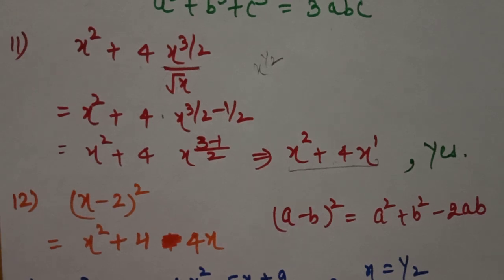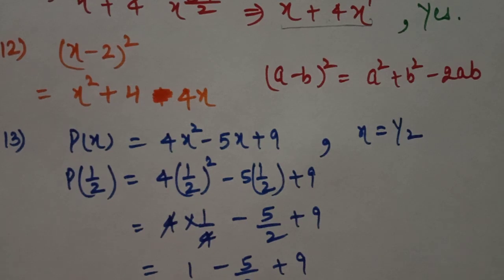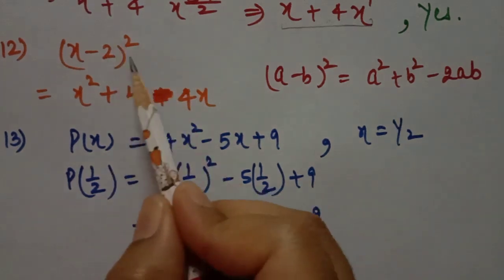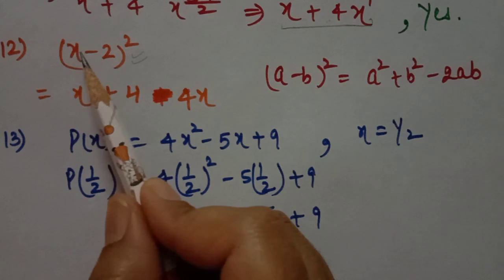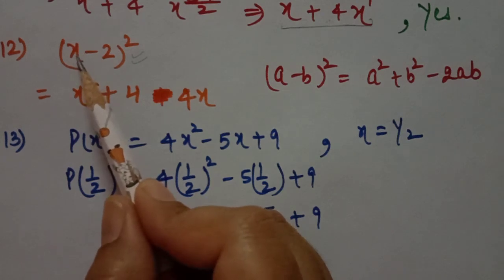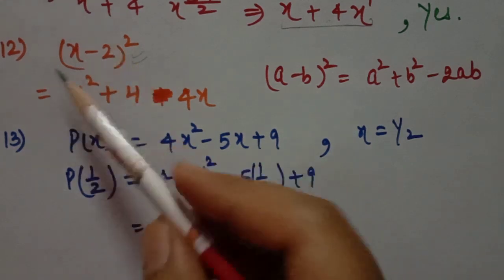Question number 12 was, write the coefficient of x square in the expansion. We have an expansion like this. Some of the students always think that when we open this bracket, it is a very long question. We have to give the answer because x square is not present here.